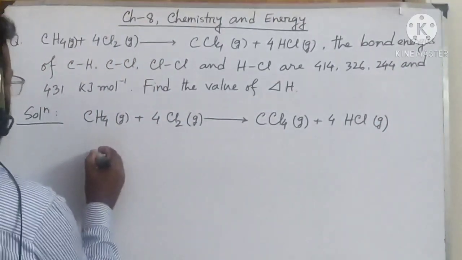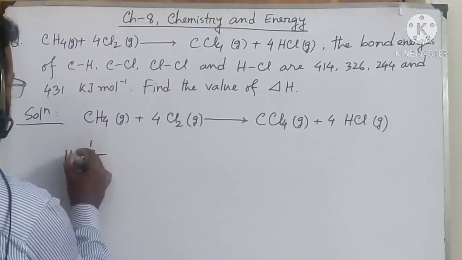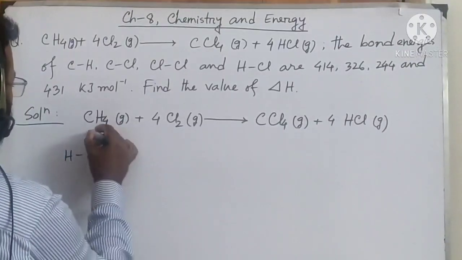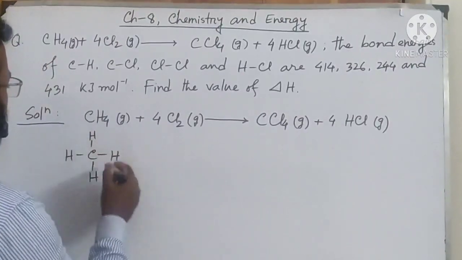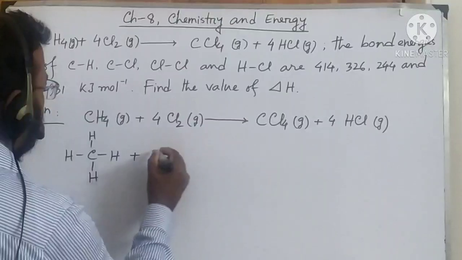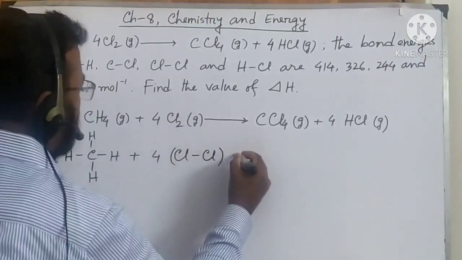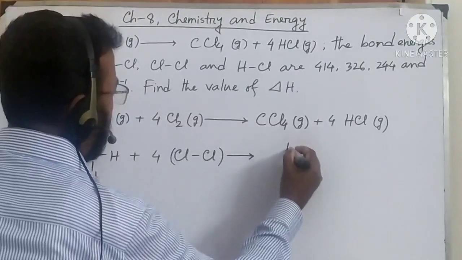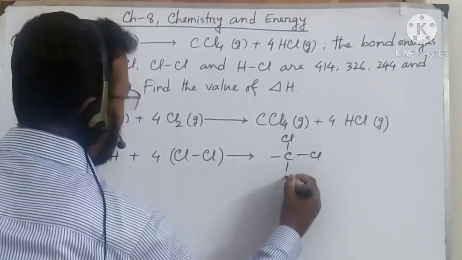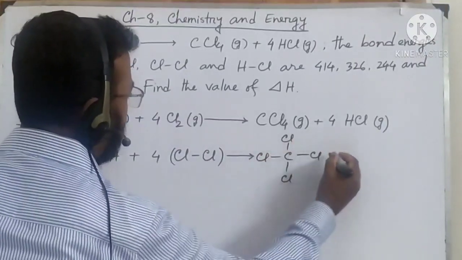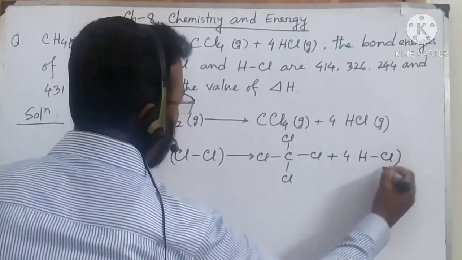Now we know that the valency of carbon is 4, so we can write the methane like this. Then chlorine can be written like this. Then carbon tetrachloride can be written with four carbon chlorine bonds, plus 4 hydrogen chloride.